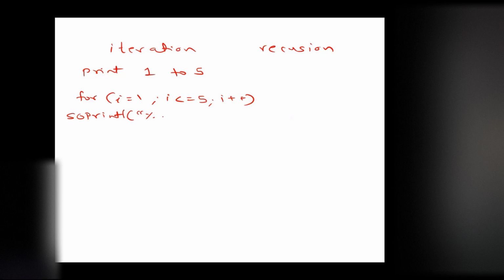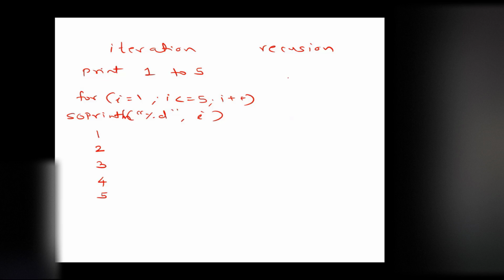You can print %i, or you can use println, which will print on a new line. If you use this simple for loop, the output will first print 1, then 2, then 3, then 4, then 5. So something similar, how can we do it with recursion?